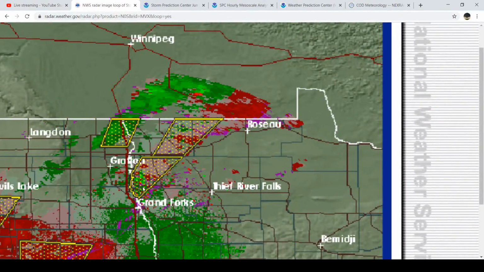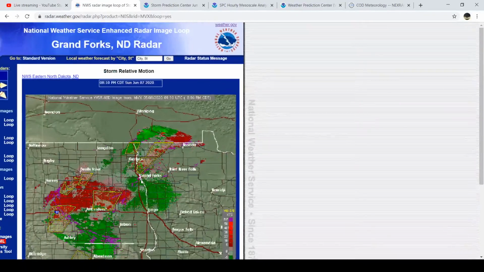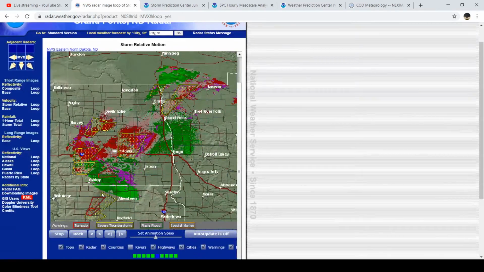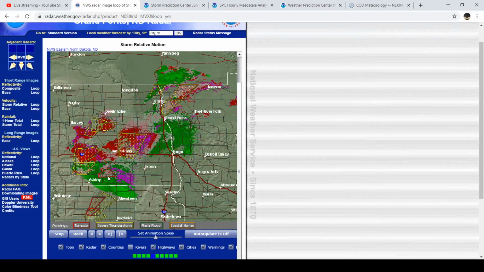Looks like possible rotation. So we see we had two tornado warnings earlier.